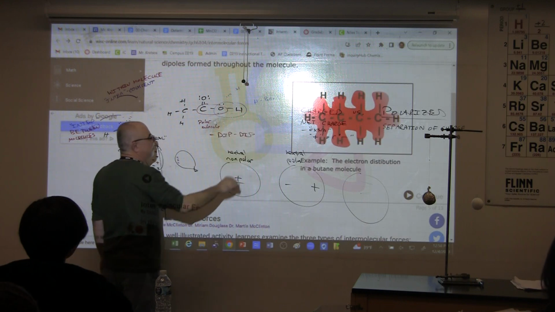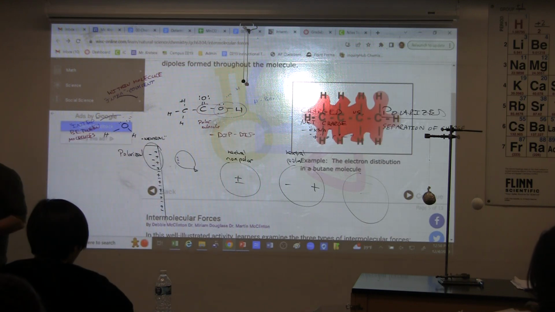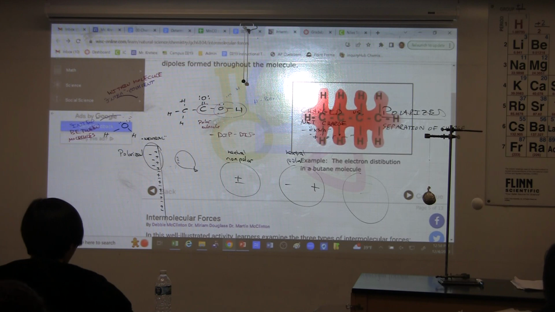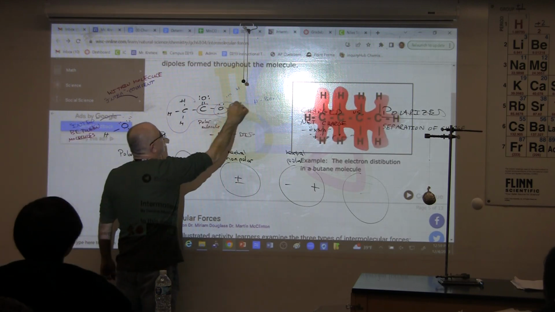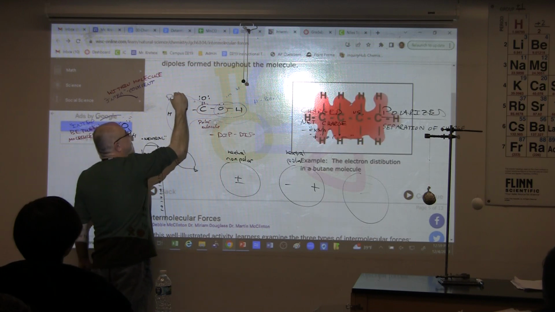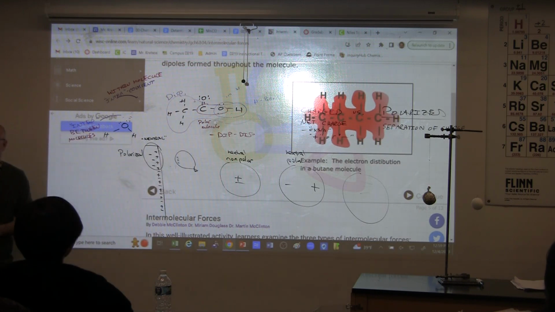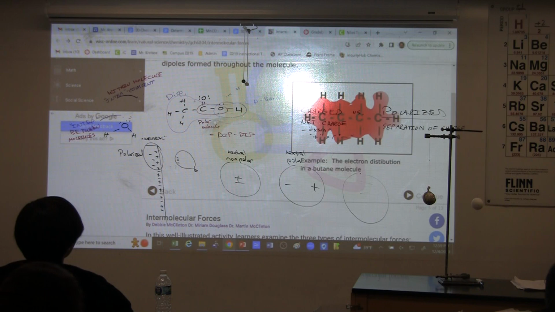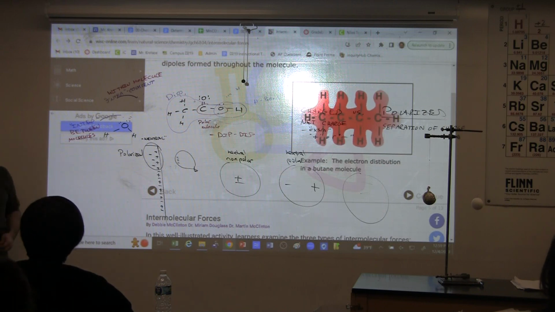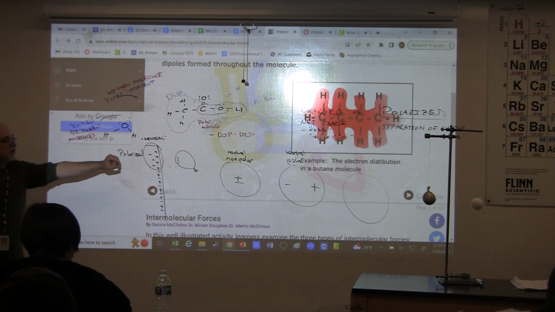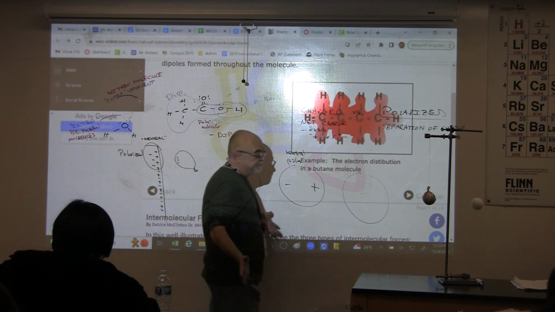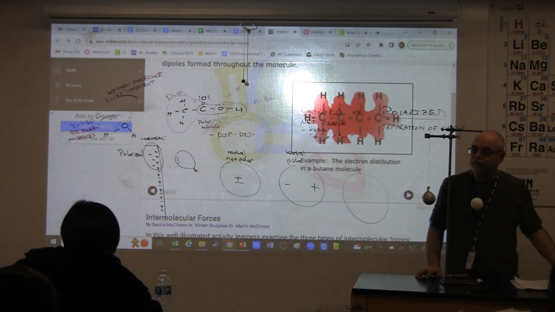And then, simply because it's a molecule with an electron cloud, all throughout, it can do the dispersion type of attraction as well. In this case, probably the most important of the 3 in this molecule is the hydrogen bonding. But in other molecules, that's not always true.